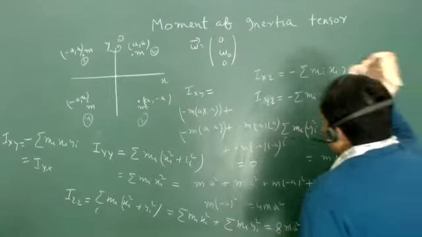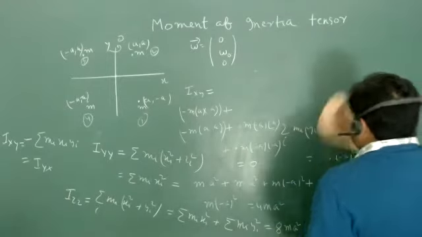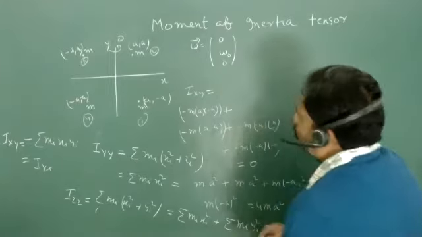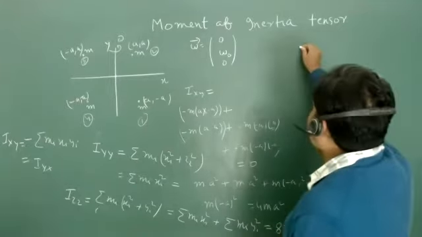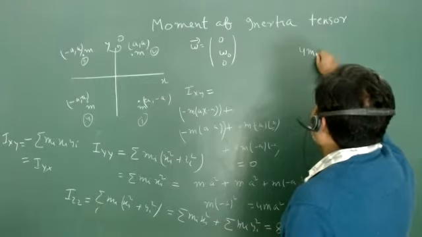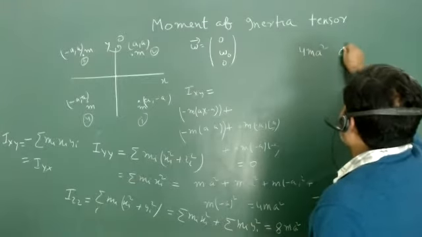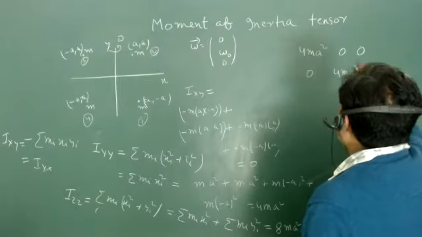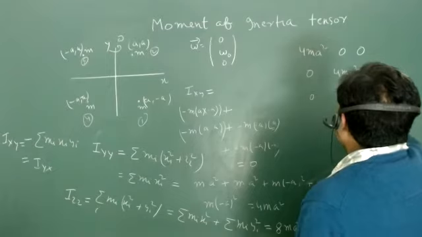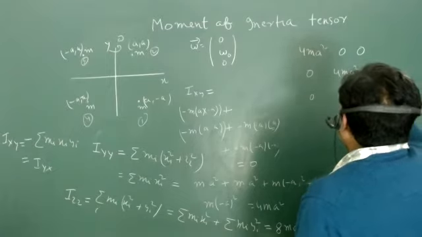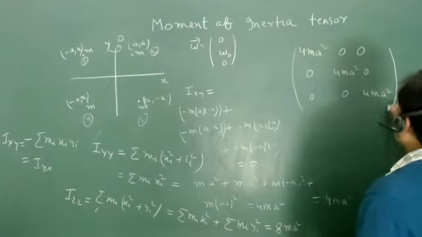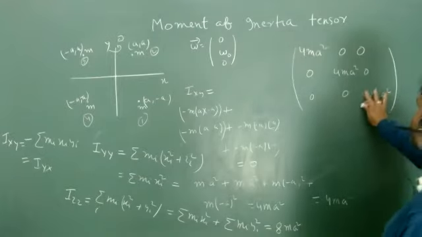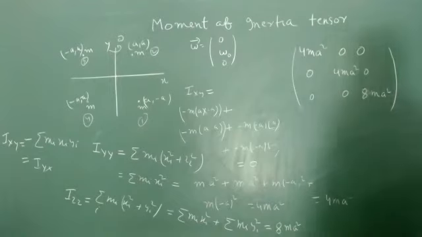You can see the moment of inertia tensor is 4 ma square, 0, 0; 0, 4 ma square, 0; 0, 0, 8 ma square. This is your Izz, 8 ma square.